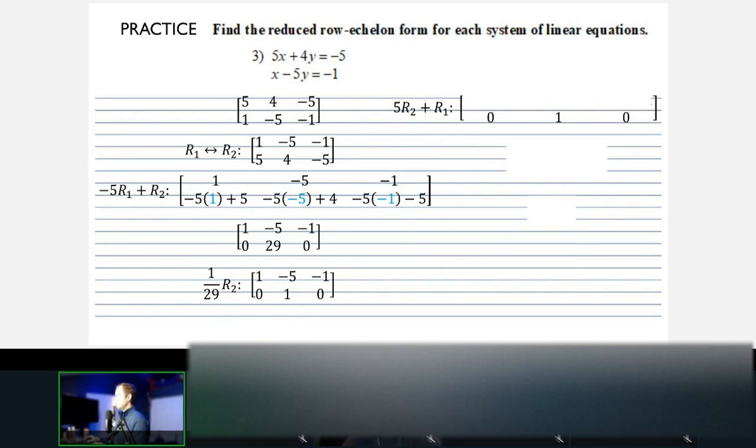So row 2 is not going to change, right? 0, 1, 0. Only row 1 is changing because it's listed second in the operation. So we're going to do 5 times 0 plus the current row 1, 5 times 1 plus the current row 1, and then 5 times 0 plus our current row 1. And I went ahead and wrote that out.